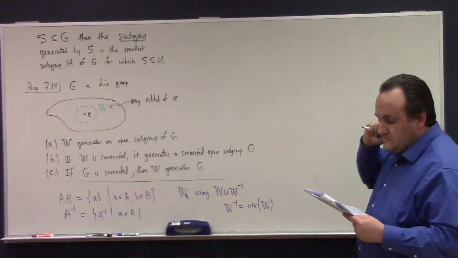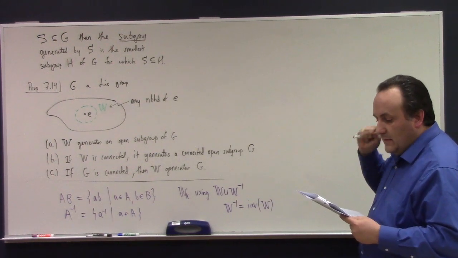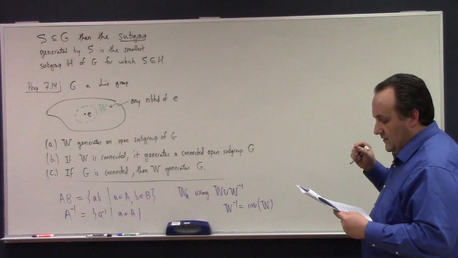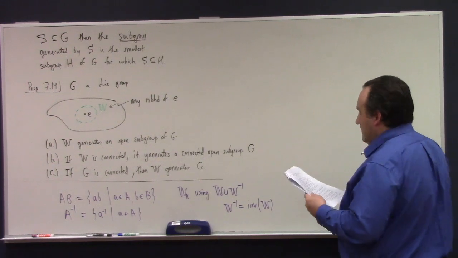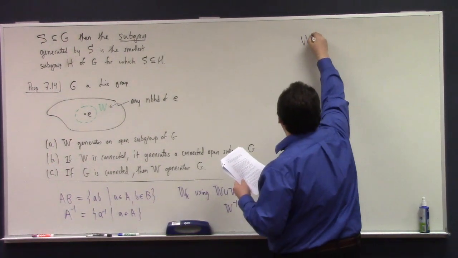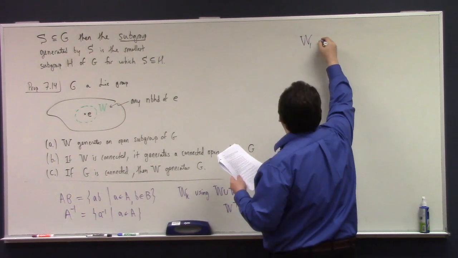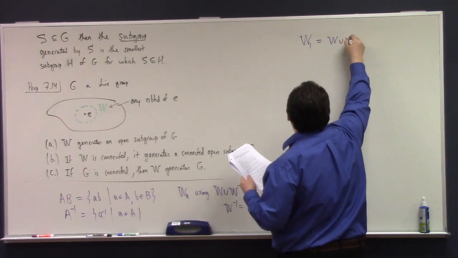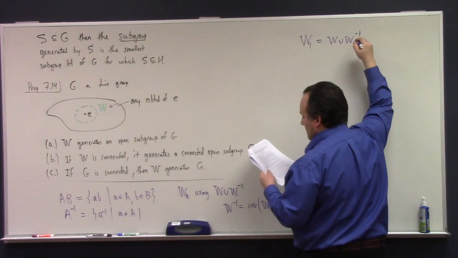And then he does some kind of sneaky argument here. W_1 is W union W inverse.